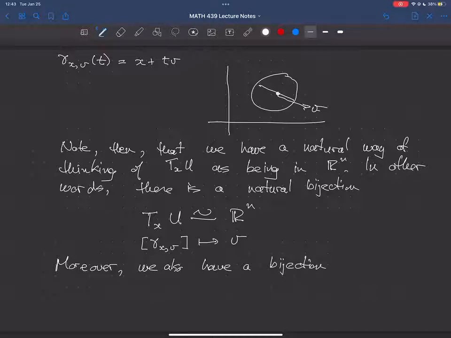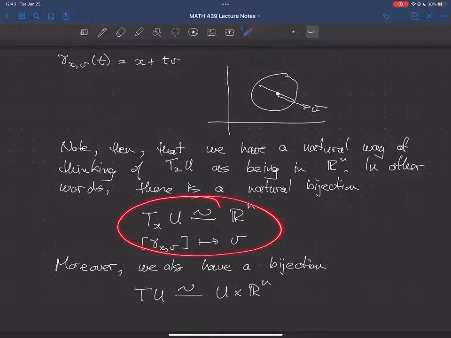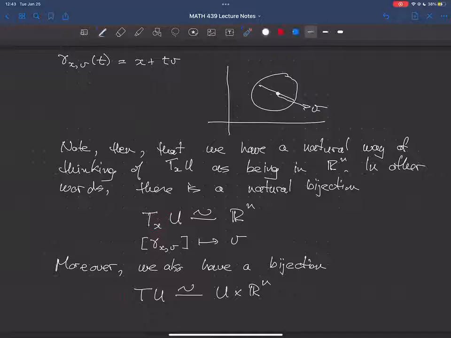So we also have a bijection from the tangent bundle at u to u cross Rn. And this bijection is really just this one, except the only difference now is that here I thought of x as being fixed, and here I'm going to think of x as being variable. So it's going to take gamma x v, except now, because I'm thinking of x as variable, it's going to map it to x v, like so.